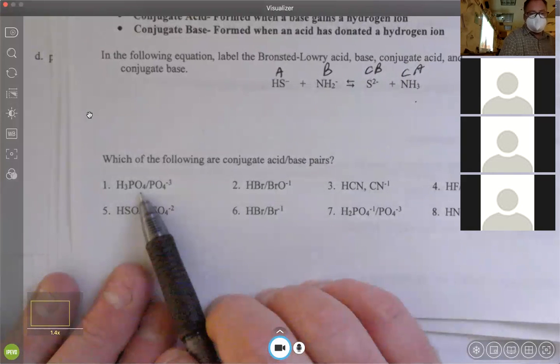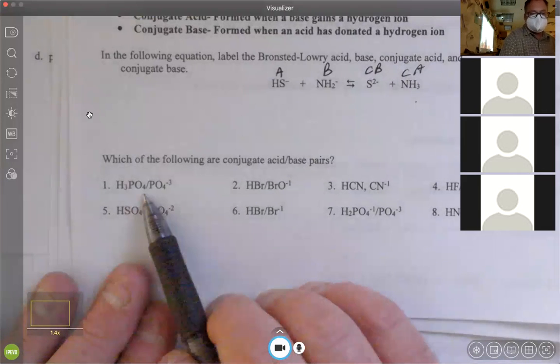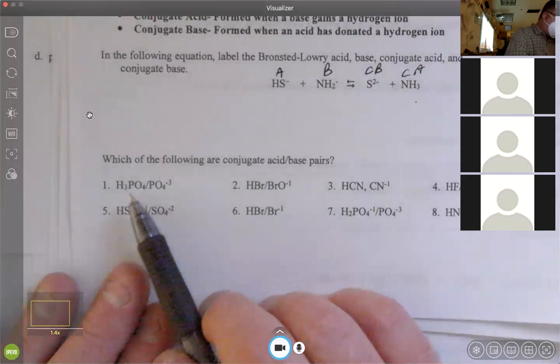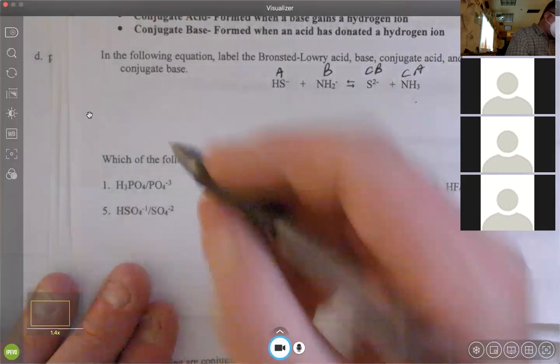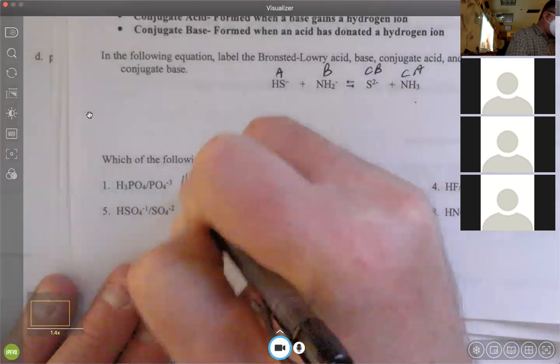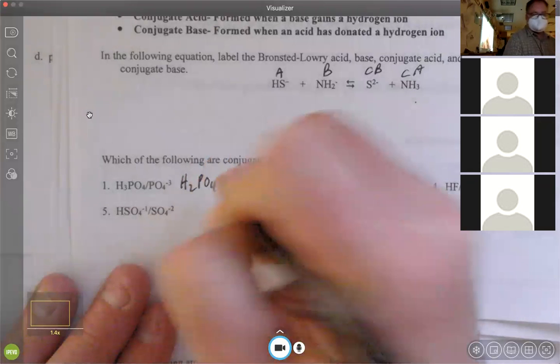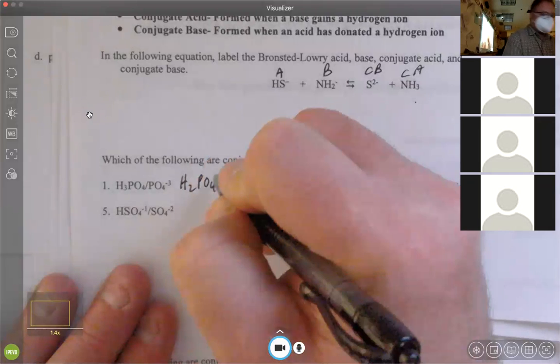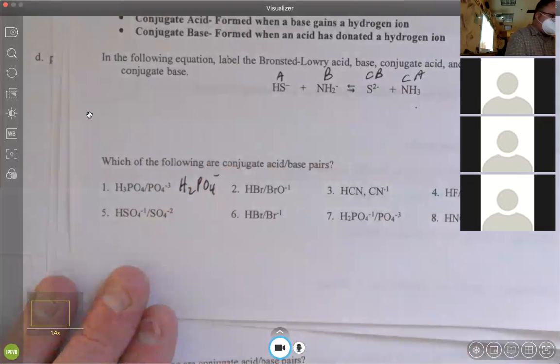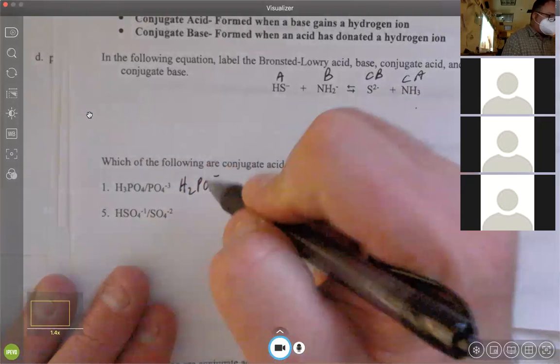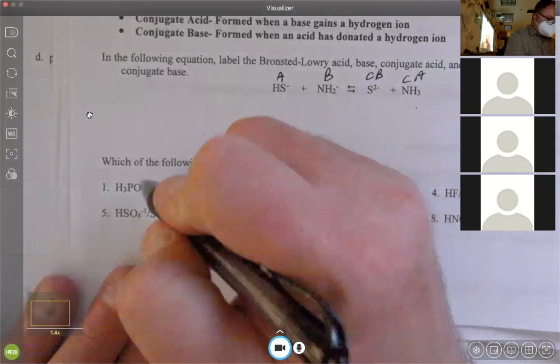H3PO4. What is the conjugate base of H3PO4? It would be what? H2PO4 with a negative charge, right? That would be the conjugate base of H3PO4. What would the conjugate acid of PO4 negative 3 be?